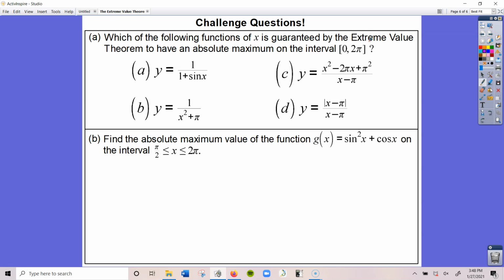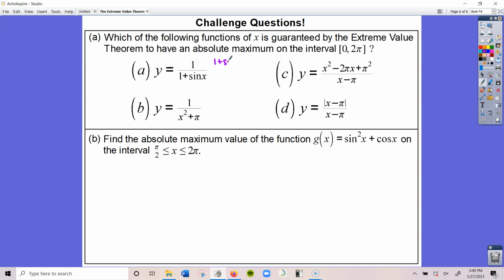So in order to determine if EVT is applicable, we just have to make sure which of these functions here is continuous on this particular interval. If you look at all of these functions, these are all rational functions. So that means that if the denominator is equal to 0, we would have a vertical asymptote that would make the function not continuous. So that's what we're going to do. We're going to set each of these denominators equal to 0 and solve.